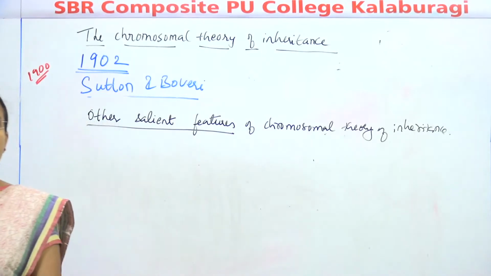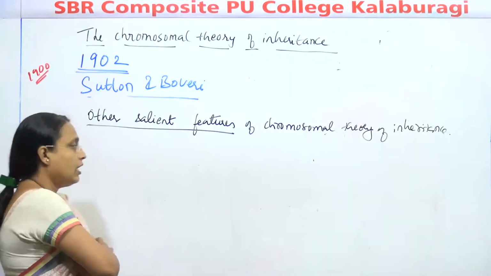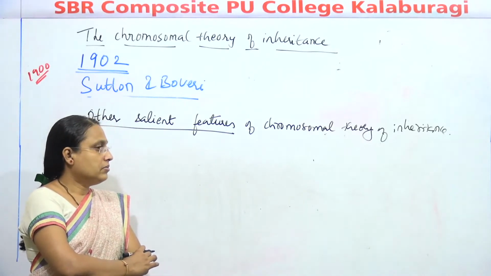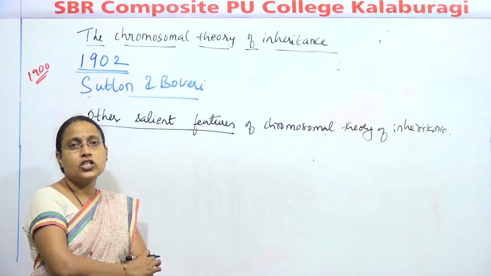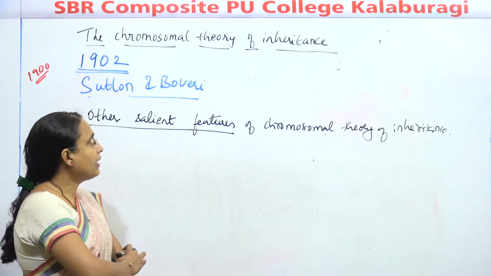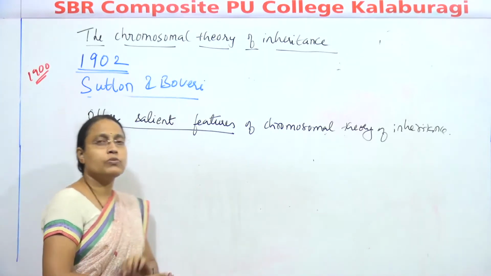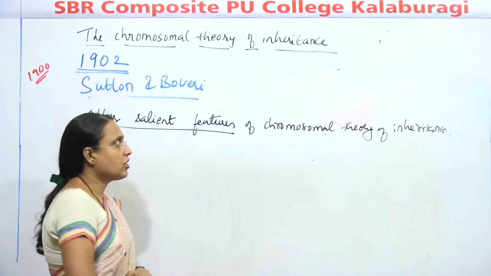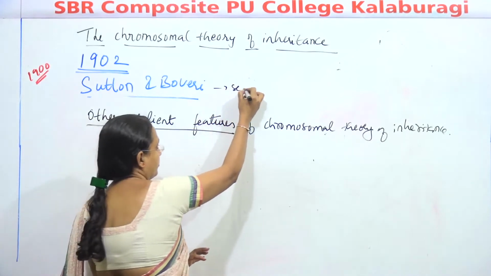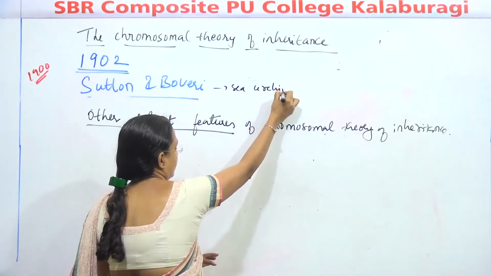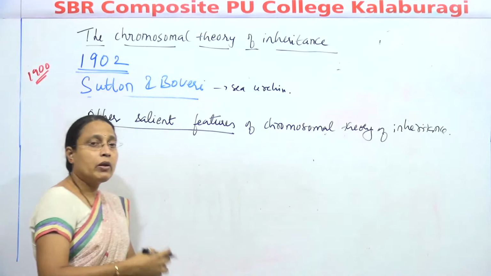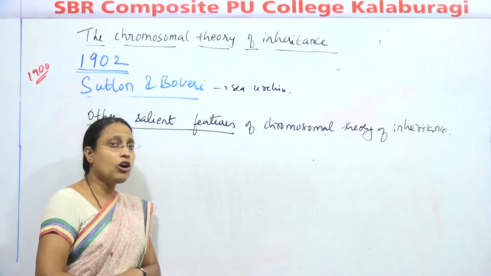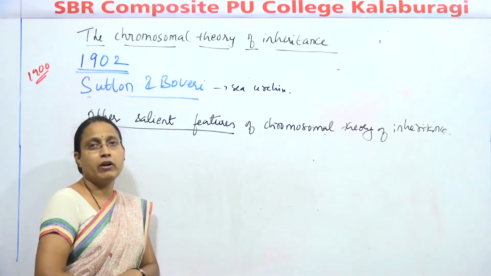Now, the next point: chromosomes are very essential. Boveri also observed that. He was studying embryogenesis in sea urchin, how development occurs in sea urchin, and he found that if chromosomes are not there, the sea urchin cannot undergo development.